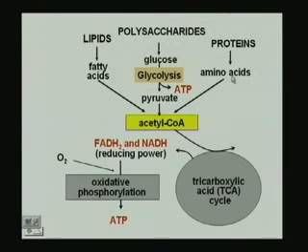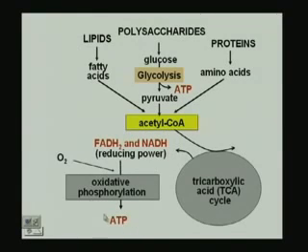Proteins break down into amino acids that are also utilized in acetyl CoA, which finally is used in the tricarboxylic acid cycle, the breakdown of the tricarboxylic acids, the oxaloacetate and so on. Then FADH2 plus NADH, with oxygen, give oxidative phosphorylation in the production of ATP.